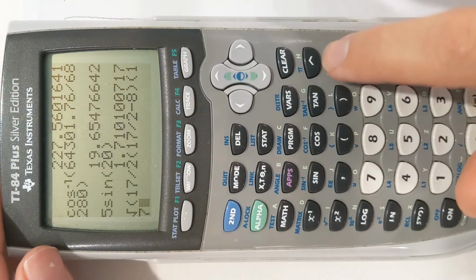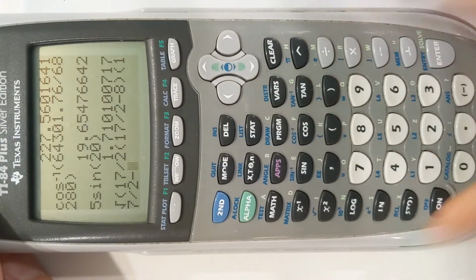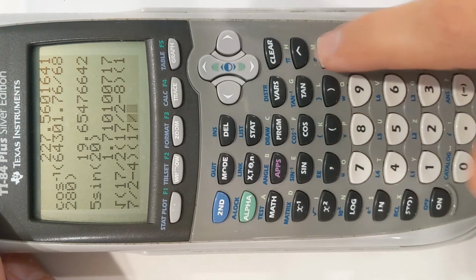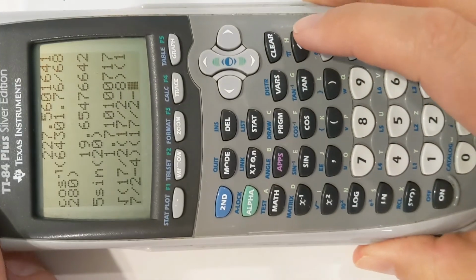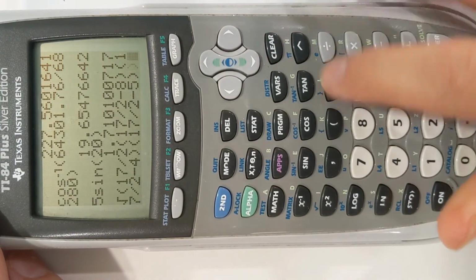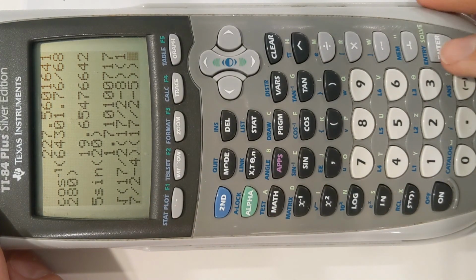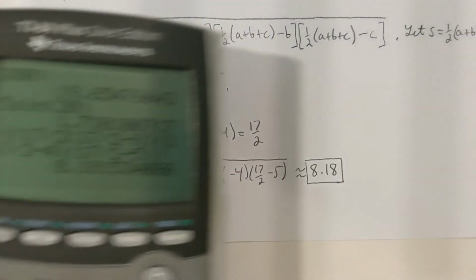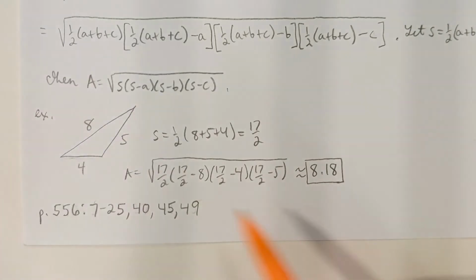Okay, so 17 halves minus, use 4 is the next one there. And then times 17 halves minus 5. And then close up the parentheses for underneath the radical. And 8.18 is what I'm getting if you go nearest 2 digits. Okay, and so that would be the area of this triangle here.